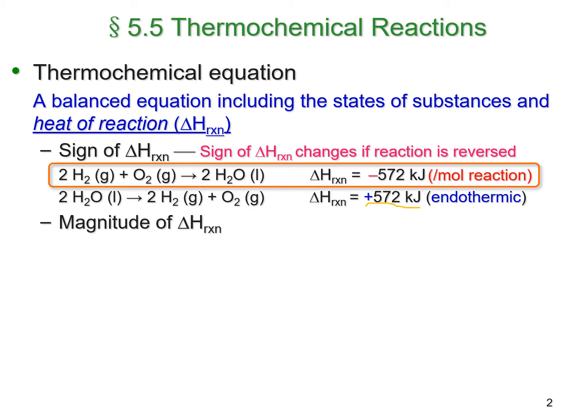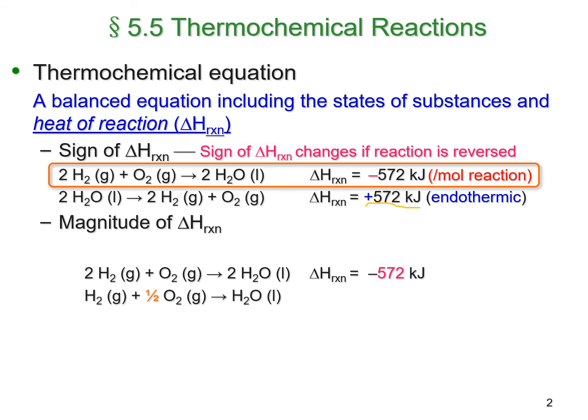Second, we're going to focus on the magnitude of this heat of a reaction. Say we have a thermochemical equation that's been laid out. It requires 2 moles of hydrogen and 1 mole of oxygen to yield 2 moles of water. Such a reaction will give up 572 kilojoules.